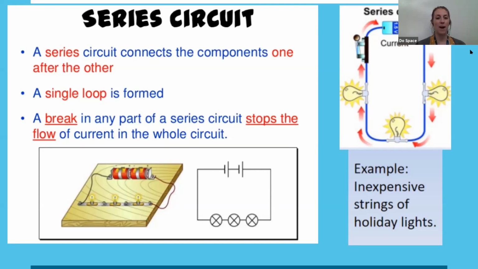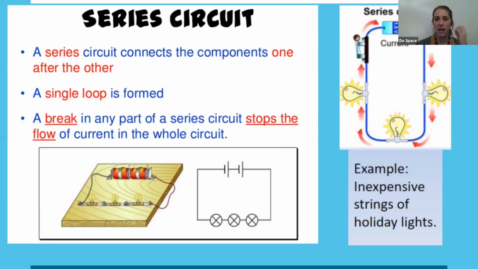The tiny little electrons that are in our batteries want to get from the positive side of a circuit back to the negative side, and that is how they get our outputs to work. If there's a break in any of the wiring, or if something is not connected, if that loop is not closed, if there's an opening, then it's not going to work.